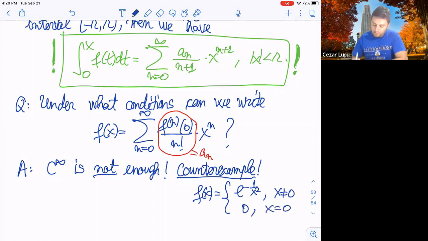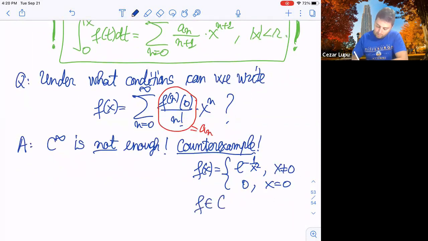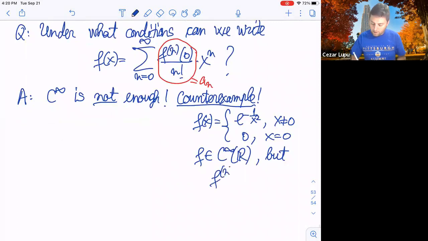So you can prove that this is C infinity on the entire real line, but all derivatives at 0 are 0, which you can prove by induction. First you have to take the first derivative and do a substitution.